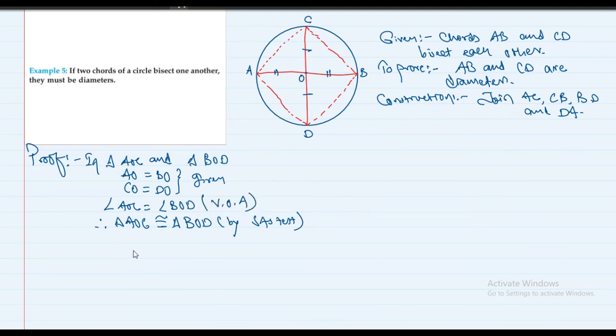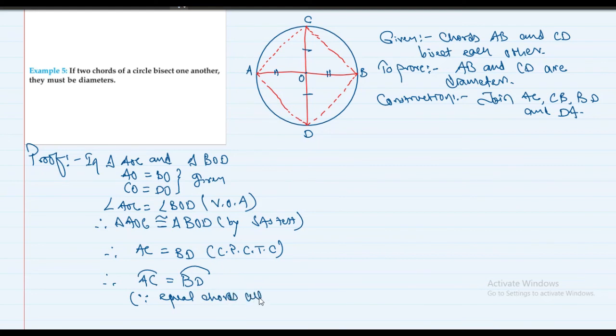So these two triangles are congruent by SAS test, and therefore we can say that AC is equal to BD by CPCTC, and therefore we can say that arc AC is equal to arc BD, because equal chords cut equal arcs.